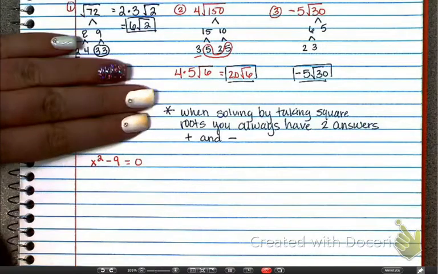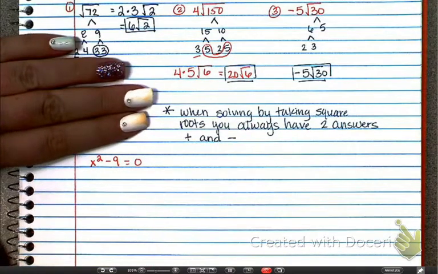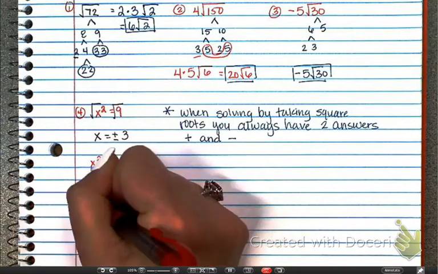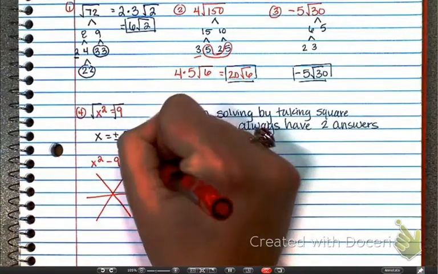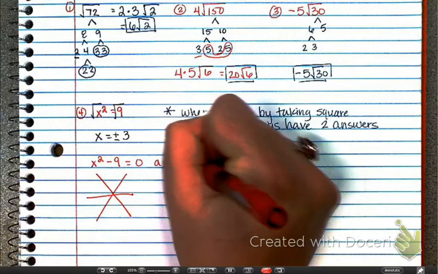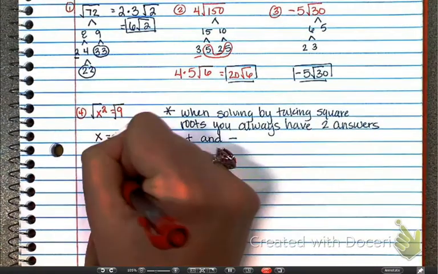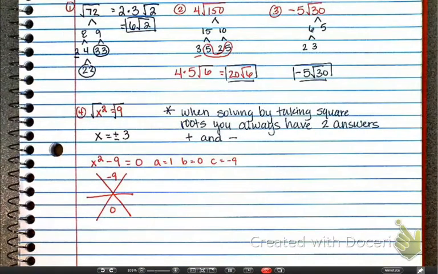If you didn't know this, how would you solve that? Using the super x, what is a? What is b? What is c? On top is 1 times c, which is negative 9. On bottom is b, which is 0.